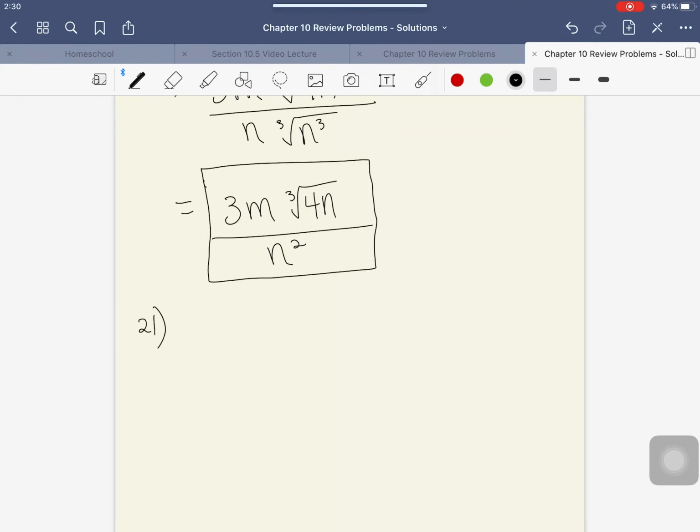All right, 21. I have 1 over the square root of 2 plus the square root of 7, and I want to rationalize this binomial denominator. So I'm going to multiply by the square root of 2 minus the square root of 7, in both the numerator and denominator.